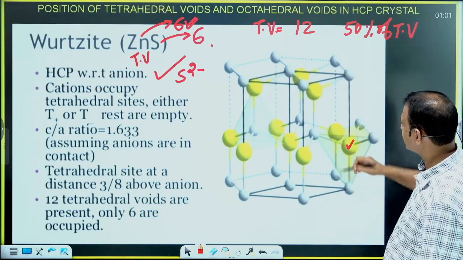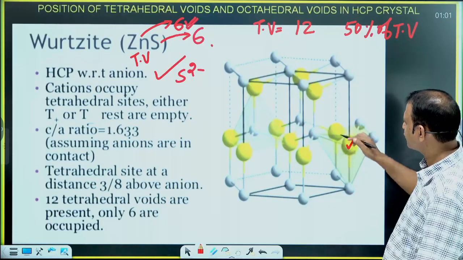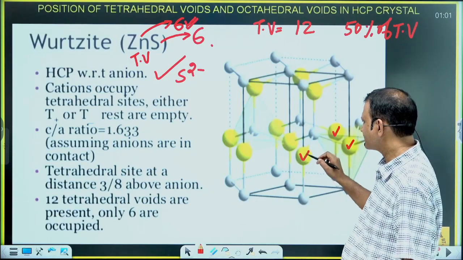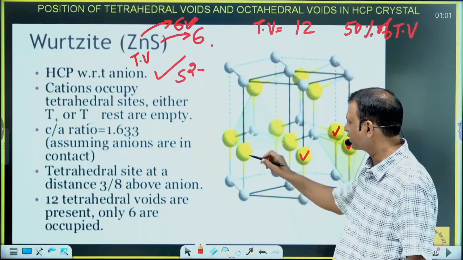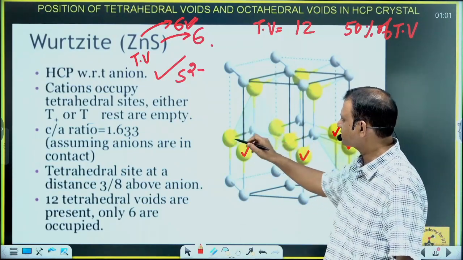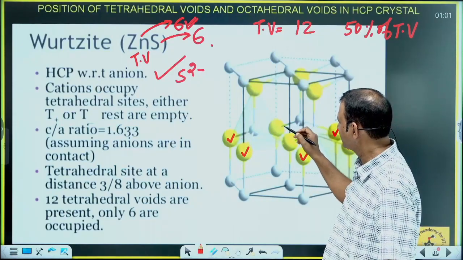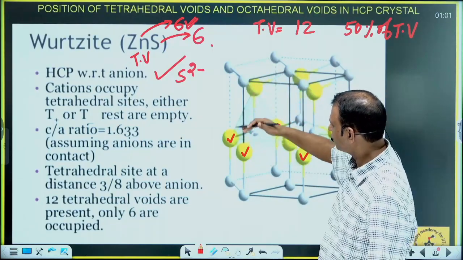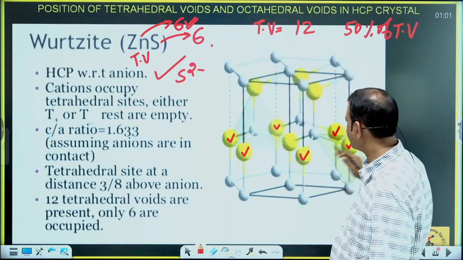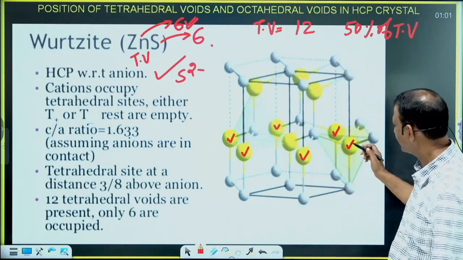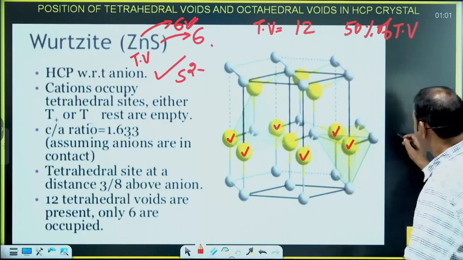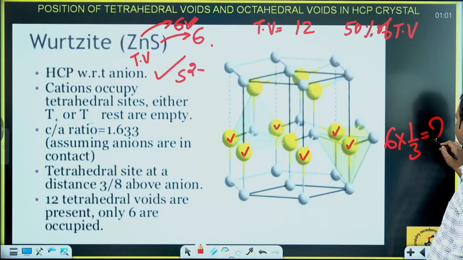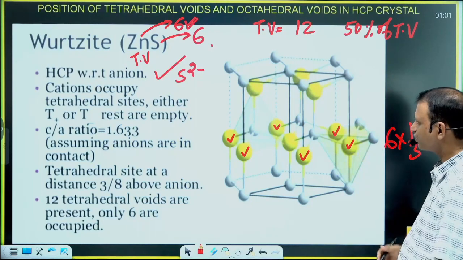Along each vertical edge, in the lower portion, by symmetry, the Zn2+ ion is shown in the tetrahedral void. So of these 6 in number, on all these vertical lines there are 2 tetrahedral voids. The upper ones are empty and the lower ones are all occupied. You can count them, they are 6 and their contribution we know is 1/3. So because of that the Zn2+ ions equal 2.